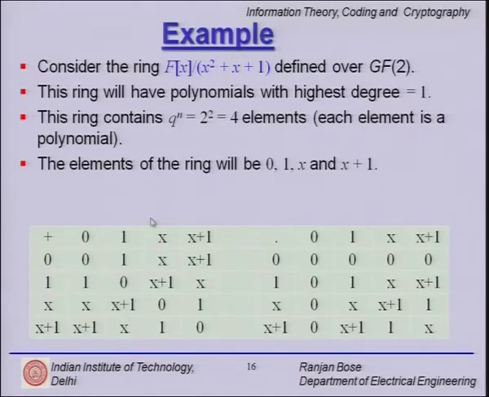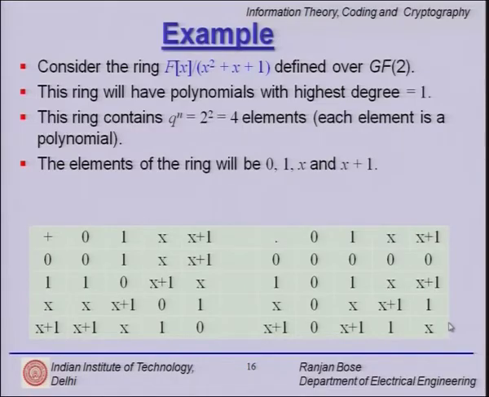This is the addition table and this is the multiplication table, and you can check that there is a 0 in every row and column, which shows that there is an additive inverse for each of the 4 elements. But if you try to see for 1, there is a problem because a multiplicative inverse is not necessarily present.